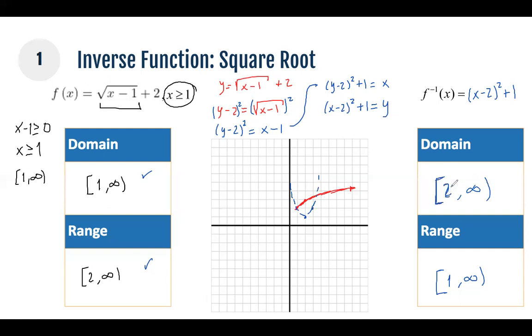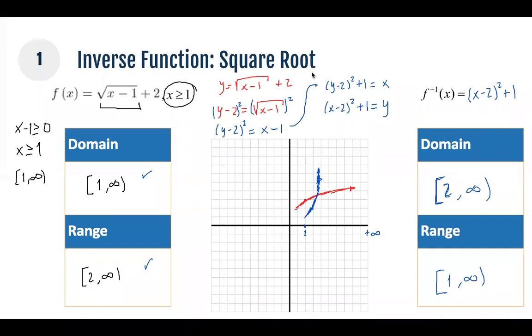We have to make sure that we just use what the domain is asking us to use. So it is only asking us to use the part of the graph going from 2 to plus infinity. That's the right side of the graph, and we're going to get rid of the other side, making it a one-to-one function.